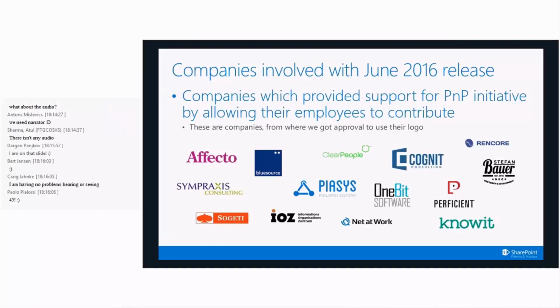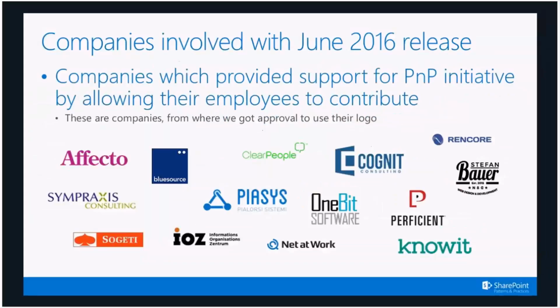So if you are a contributor and your company is not here, but you want to have your company mentioned in the dev.office.com blogs or in these monthly community calls in the future, just send us an email or a private Yammer message, so we're able to recognize your company, which is letting you contribute to the PnP as well. And Paolo quickly counted that there's 45 contributors within this month.